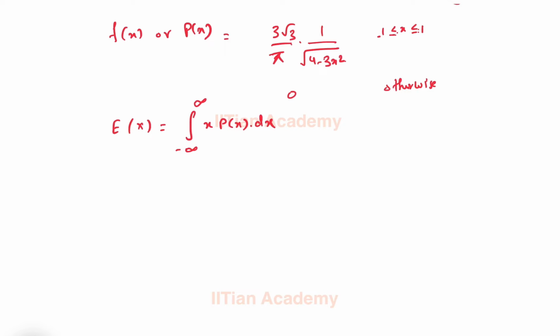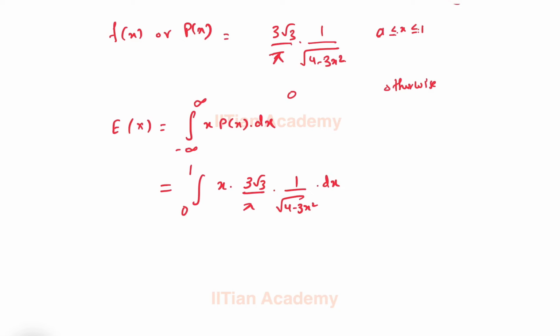So let us try to solve it further. So what we would be getting is integral 0 to 1 x multiplied by 3 root 3 by pi into 1 by root under 4 minus 3x square into dx.